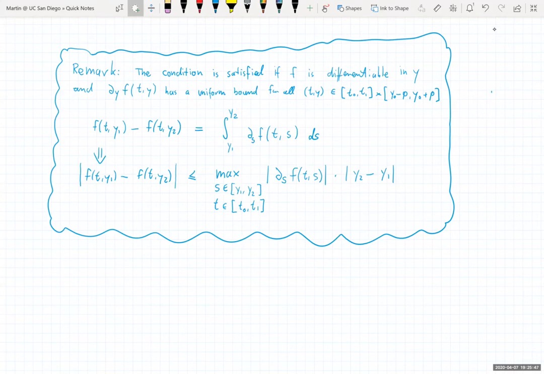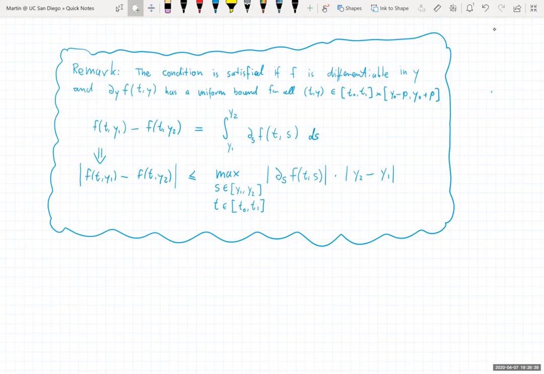Now, if I take the absolute value on the left-hand side and the right-hand side of this fundamental theorem of calculus, on the left-hand side, I got the absolute value of f of t, y1 minus f of t, y2, which is the left-hand side of this continuity condition in the Picard-Lindelöf Theorem. And on the right-hand side, I can bound this integral above by the maximum of the derivative of f in the second variable taken over all times t from t0 to t1 and all s from y1 to y2.